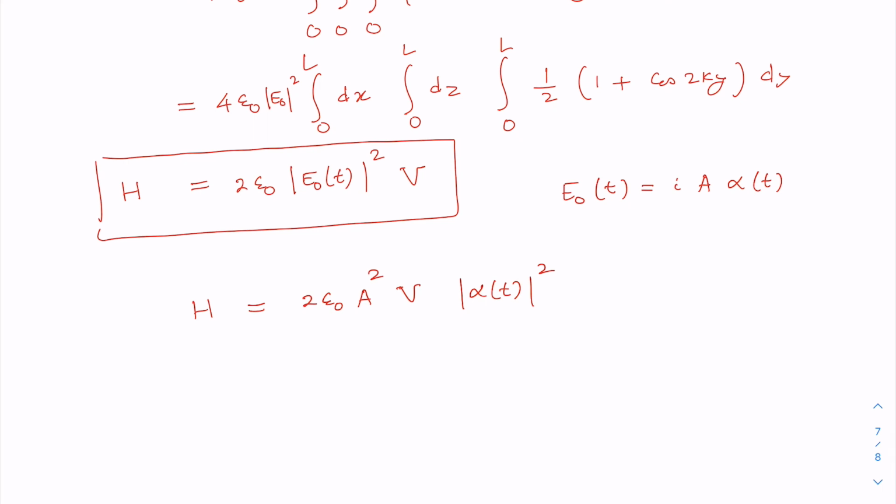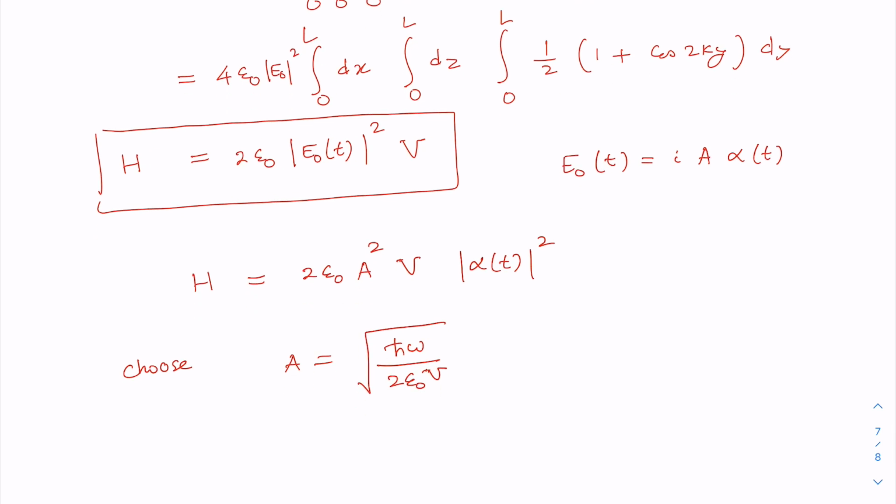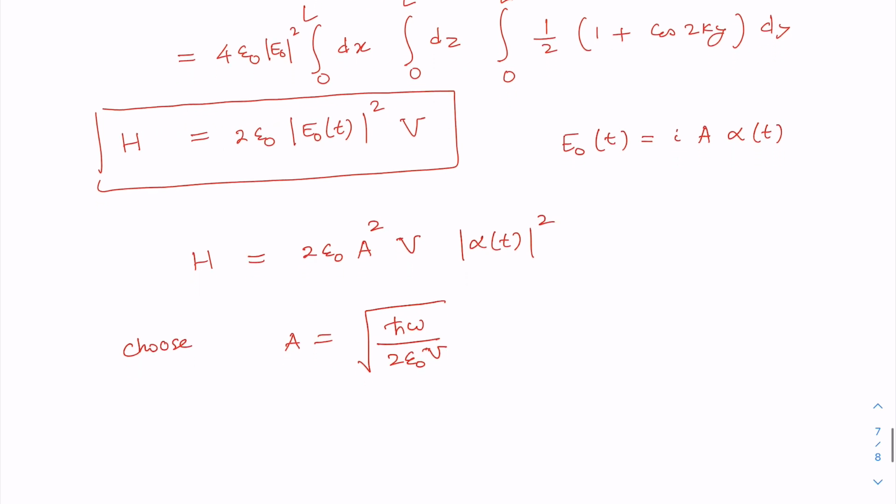Now this constant A, let us choose it like this: A is equal to square root of h cross omega by twice epsilon 0 V, where V is the volume, also called the quantization volume.